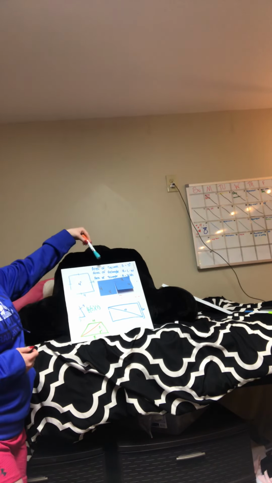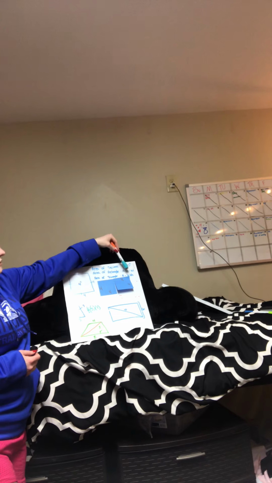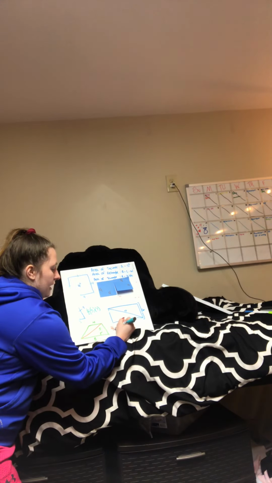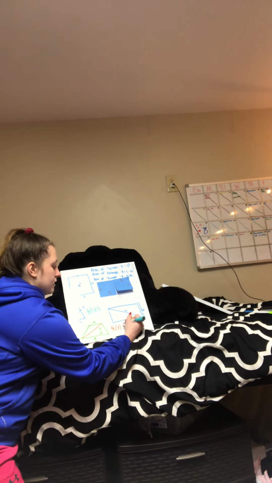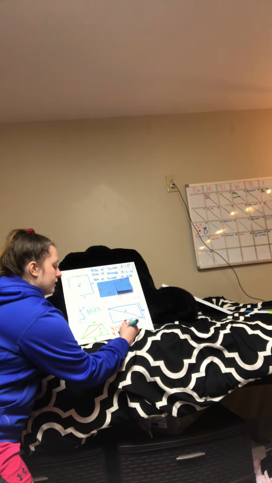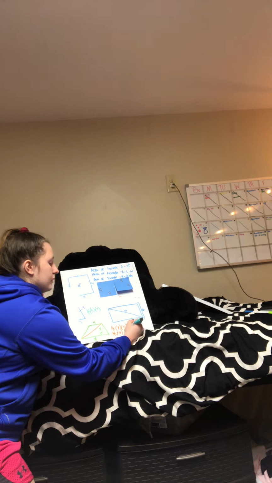And all we have to do is flip these around. 8 is our base for this triangle, and our height is 5. So we do the area of a triangle, half times base times height. And then we'll do the same thing for this top one. So we'll have half times 8 times 5 and half times 4 times 5.